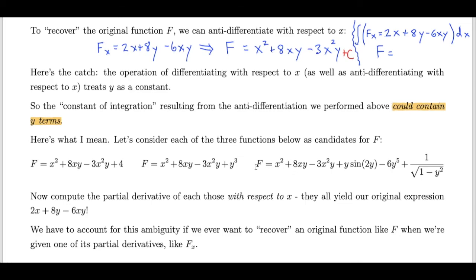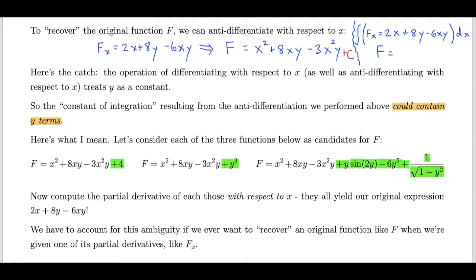And in the third capital F, I have quite a few terms. But notice that these extra terms in the third F are all strictly in terms of the variable y. As such, and you should check this yourself, if I was to take the derivative of any of these with respect to x, the resulting derivative would be the same for all three of these functions.